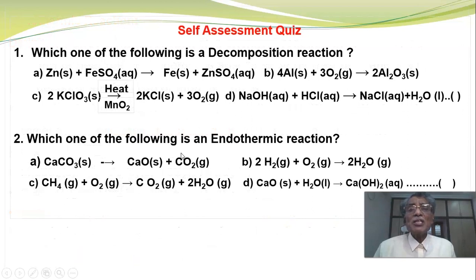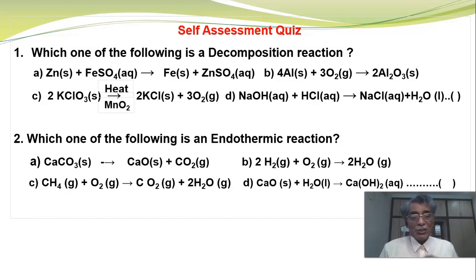Now self-assessment please. Question 1. Which one of the following is a decomposition reaction? Option A, Zn plus FeSO4 gives rise to Fe plus ZnSO4. Option B, 4Al plus 3O2 gives rise to 2Al2O3.